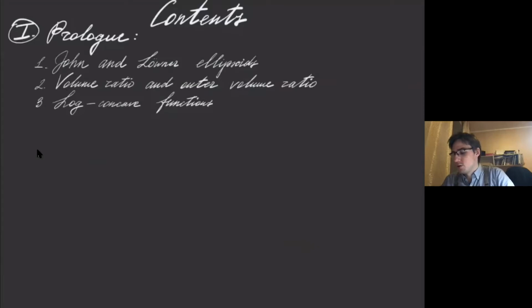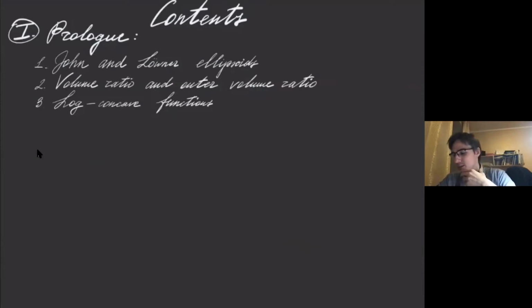The contents of the talk are as follows. First, I will give you a quick reminder of what the John and Lowner ellipsoids are, but since you have been listening to Atila's talk just a minute ago, you probably have heard about the John ellipsoid at least once in your life.